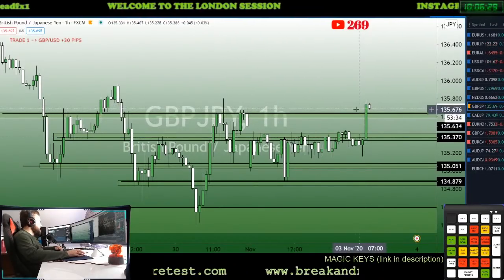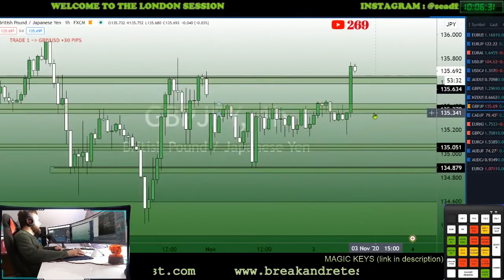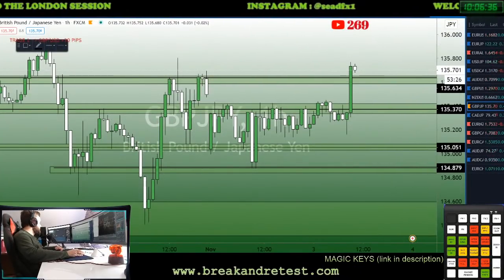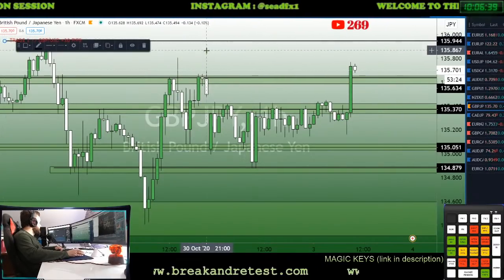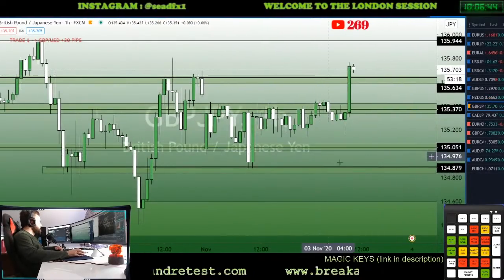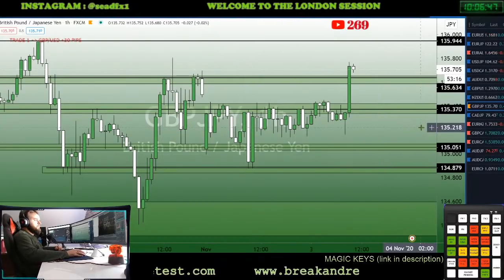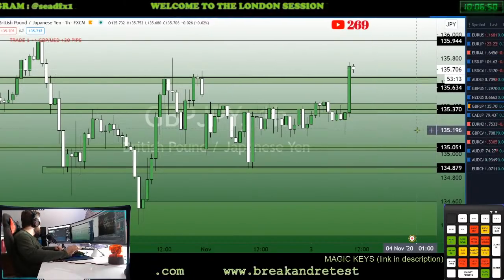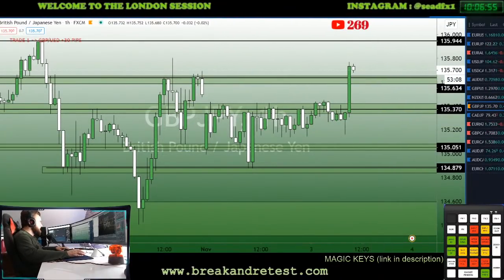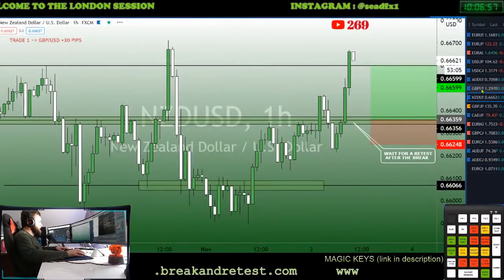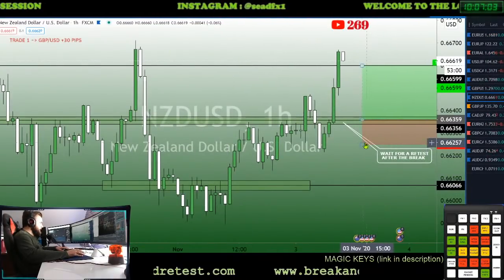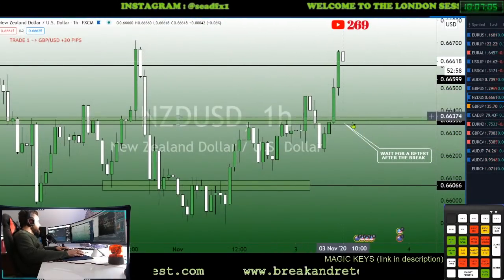We had good momentum, price broke above, should come a little lower to make that retest, and should continue to the next zone here. That should be the plan for GBP JPY. As I said, personally, I'm not taking anything until tomorrow. We'll see what happens today with the elections.